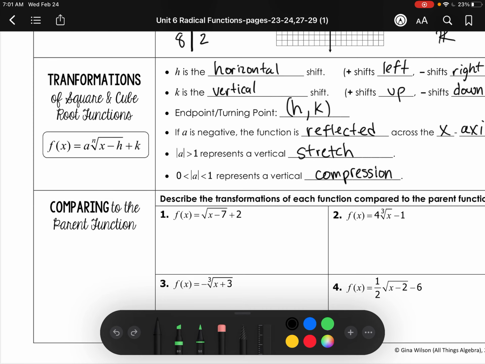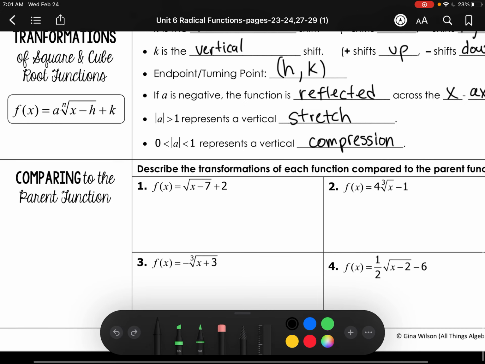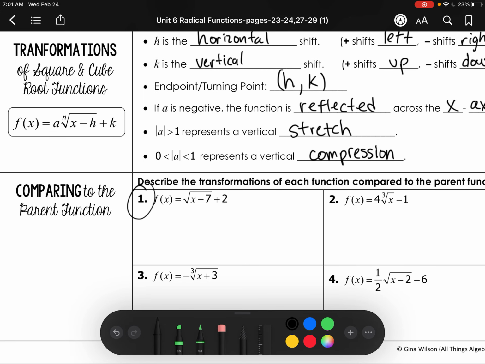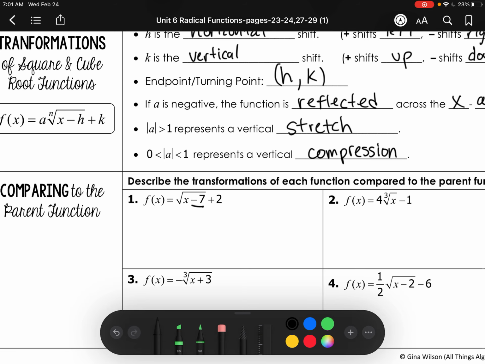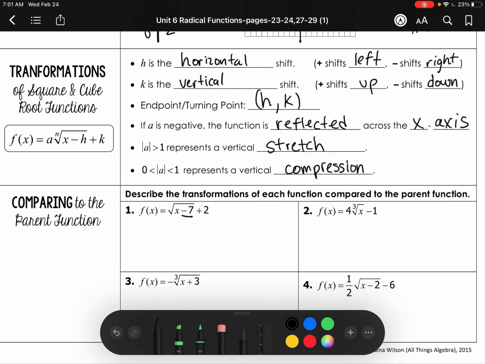So now that we know this, you guys should be able to do this, so you can go ahead and pause the video and do numbers 1, 2, 3, and 4, and then continue, because I'm going to go over the answers now. So here we have h, right? And it's negative. So if you look back to our notes here, we know that when h is negative, it's going to be a shift right.